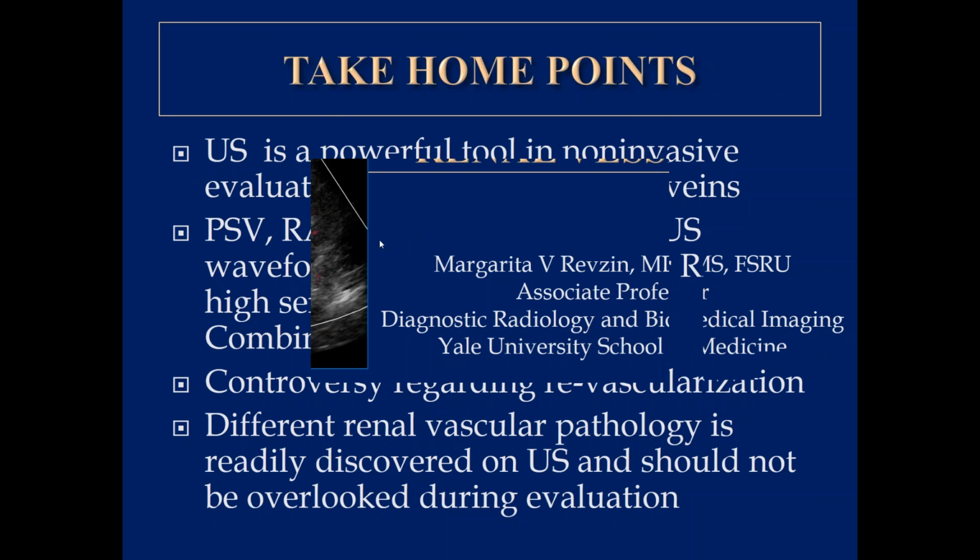So next question would be, do you have any examples of technical errors suggesting stenosis in patients without the disease? So technical errors would be abnormal angle correction that will spuriously elevate peak systolic velocities, and you may misinterpret it as stenosis.